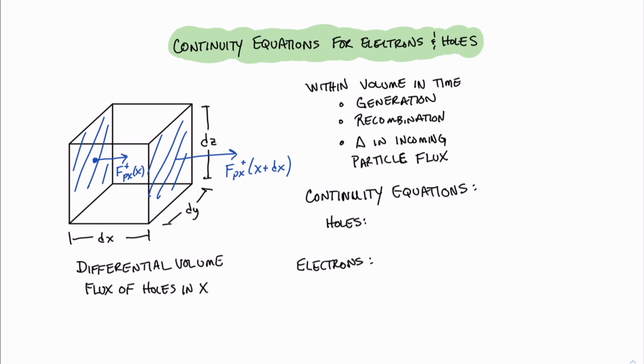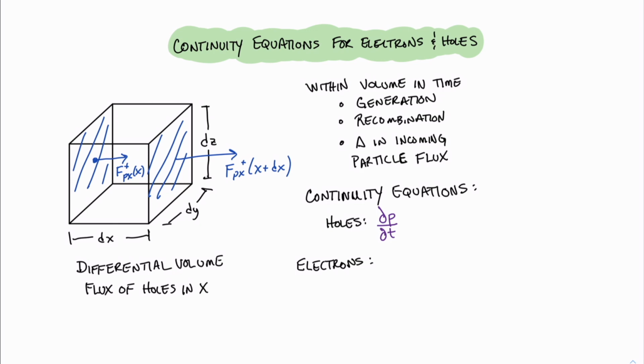What we want to know is what is the change in the total number of carriers in time. So let's write that. We can say, well, we want the partial derivative or the change of the carriers in time. In this case, I'm writing p. p actually can represent both thermal carriers as well as the excess carriers. So it's not just the excess carriers that we're considering right now.